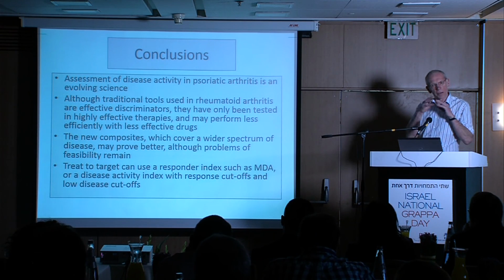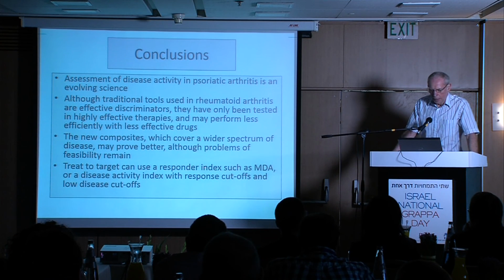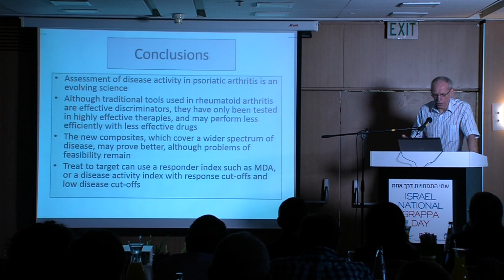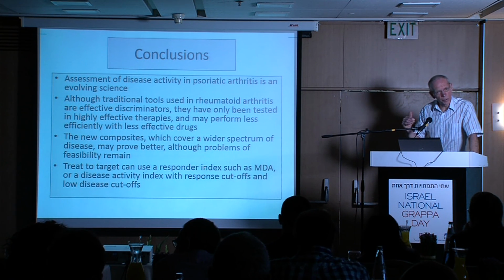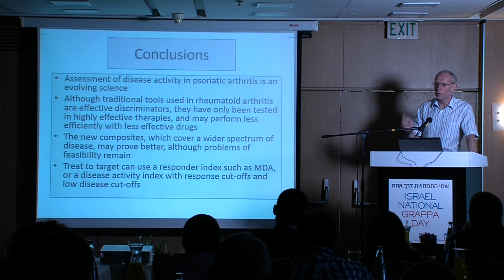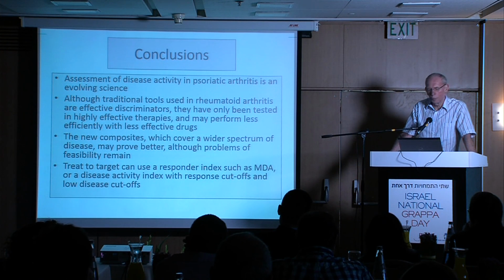So we have to think about covering the wider spectrum of psoriatic disease. And going forward, we'll get new measures, we'll get shorter measures, we'll have targets to which we can treat, and treat to target is a concept, as you can see from the back of the room, that has been supported by AbbVie and that we should be doing going forward into the future.